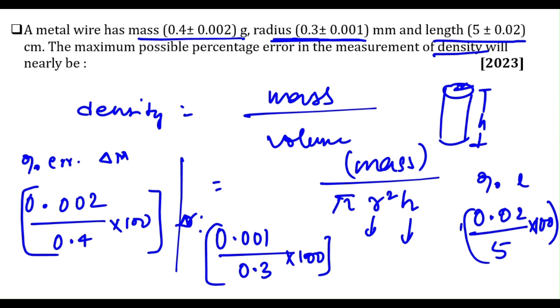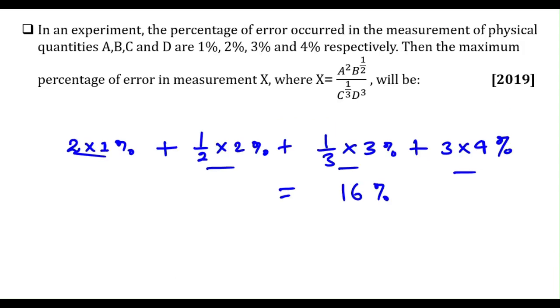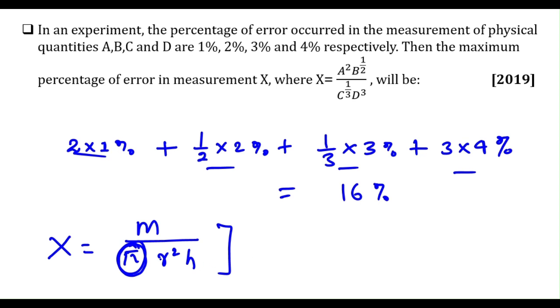And now I would like to go back to the first slide. Here, if X is density, this is mass, and this is pi, which is dimensionless, r square here, and h. Look what we did to get maximum percentage error.